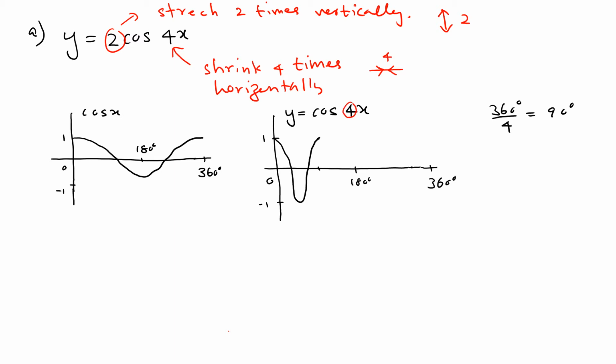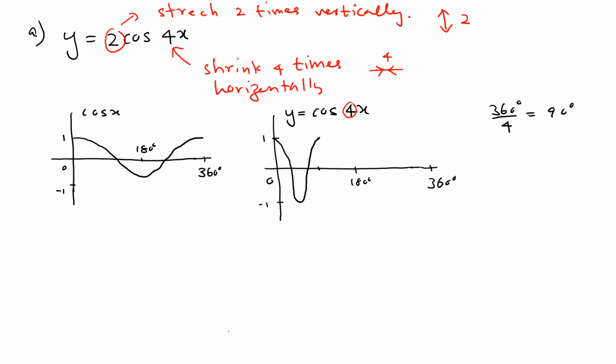Finally, we multiply by 2. That stretches the graph vertically. The vertical size was between 1 and -1, but now when you multiply by 2, it stretches 2 times, so it goes between 2 and -2.